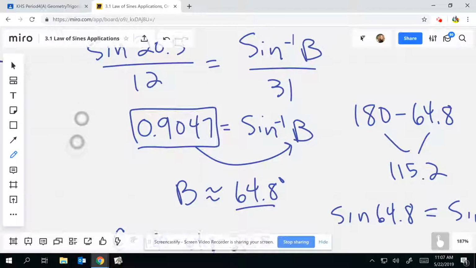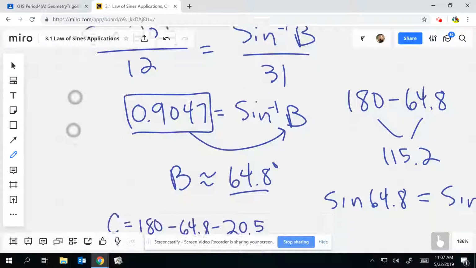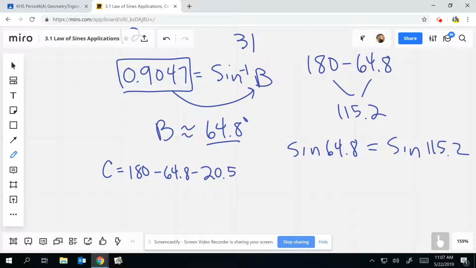Okay, we had 20.5 for A right there. So if we subtract those, 180 minus 64.8 minus 20.5, you get 94.7 for C.